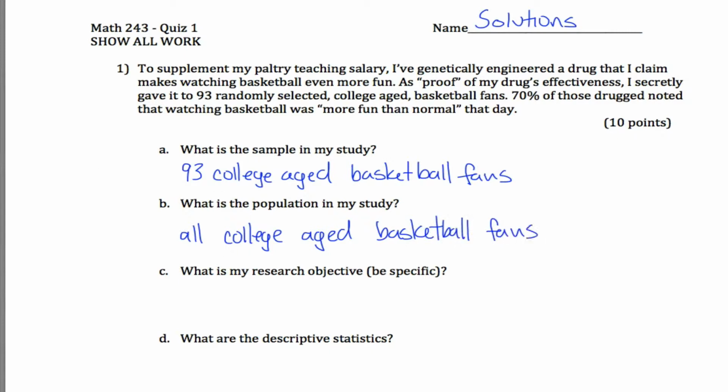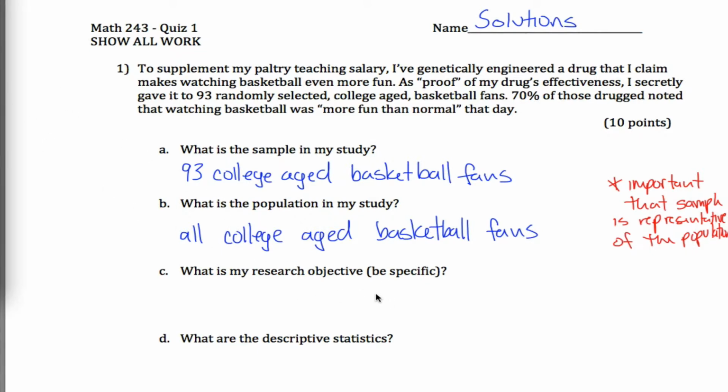Again, the really important thing there, and maybe I even write this: important, that the sample is representative of the population. All right, sample, population. Once you know those two things, you can start talking about the process of statistics, this 4-step process.